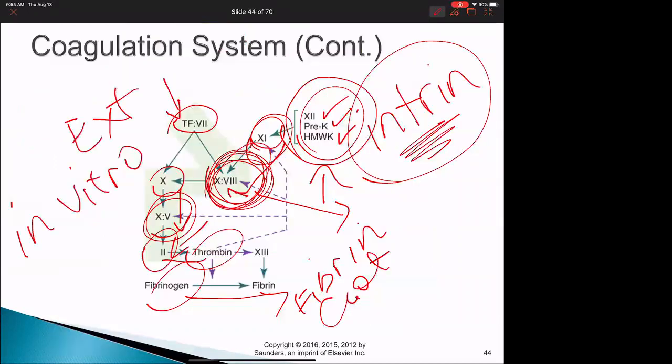But this is a simplified form of the extrinsic and intrinsic pathway that is actually happening in vitro, okay? So we want to always be able to see this pathway as well, because this is what's happening in testing, okay? So if one of these factors were deficient or missing, coagulation cannot happen, okay?